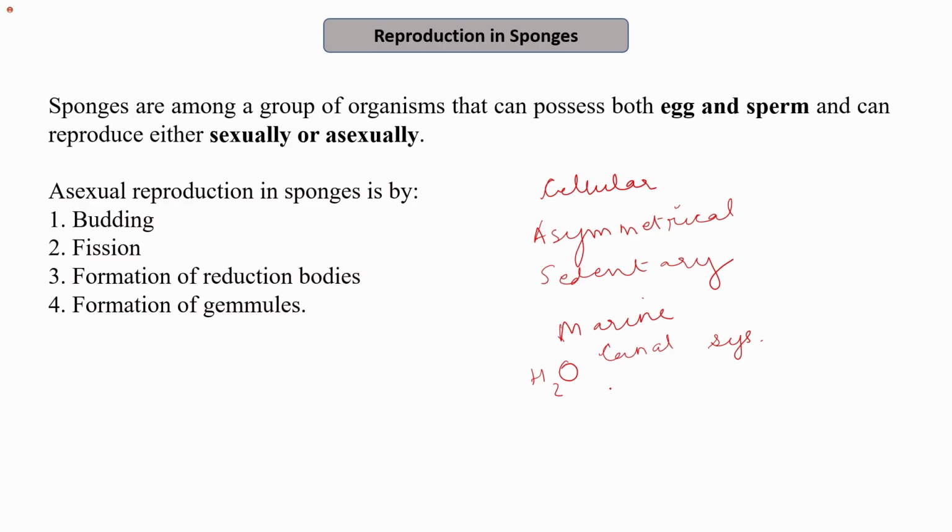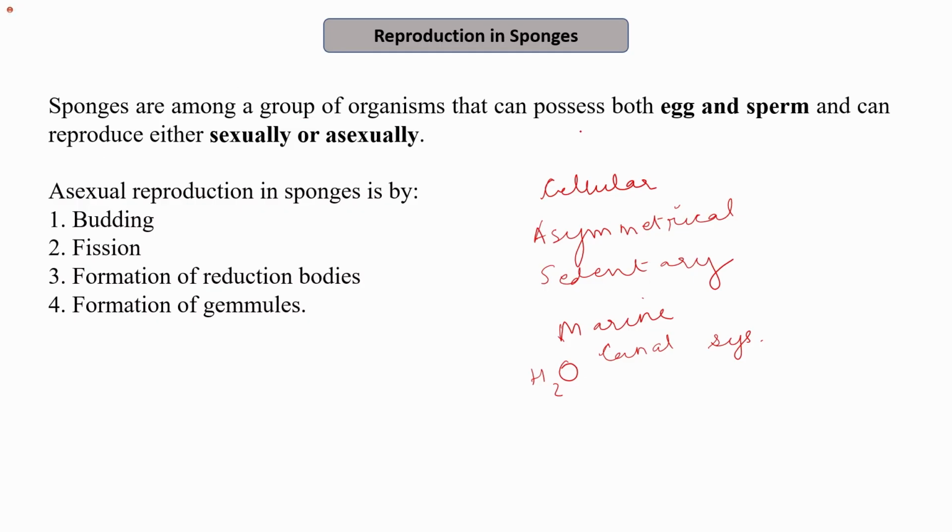So basically, we learn about different types of cells also. We learn about choanocytes, amoebocytes, and archaeocytes. Now we will talk about the reproduction in sponges.